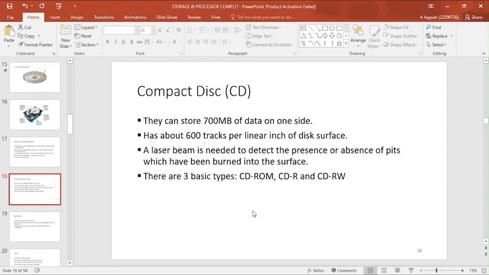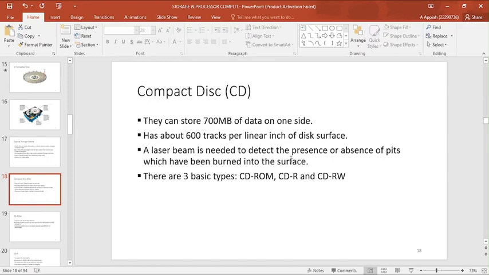So we have a bit of information for the CD, the compact disc. They typically store 700 megabytes of data. It has about 600 tracks per linear inch of disk surface. A laser beam is needed to detect the presence or absence of pits which have been burned onto the surface.